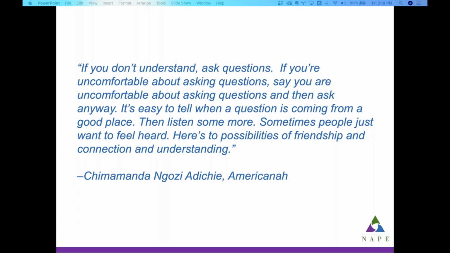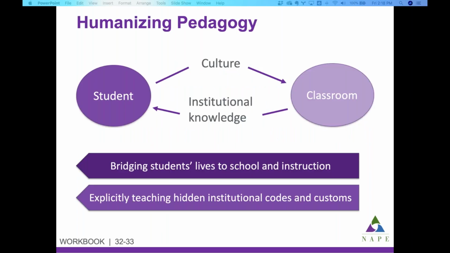So the next piece of our triad is looking at what's happening in the classroom. And so the first thing that we want to look at is the way in which our curriculum is really serving students. And so once you get the book, you can read more about the humanizing pedagogy.